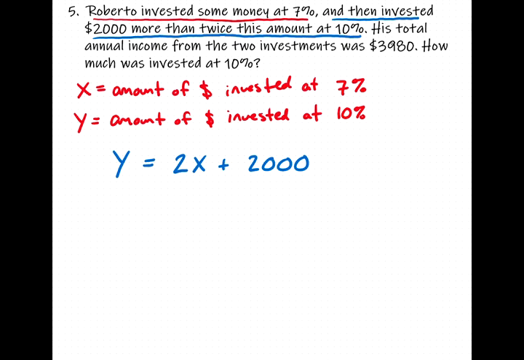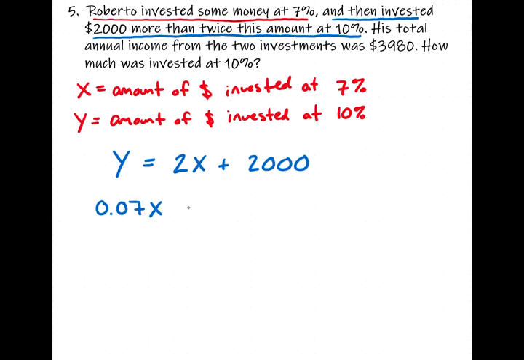So the money made from the first investment was 7% of the amount. That's what the interest is, 7% of the amount. So 7% of X, or 0.07 times X, 7% of X.